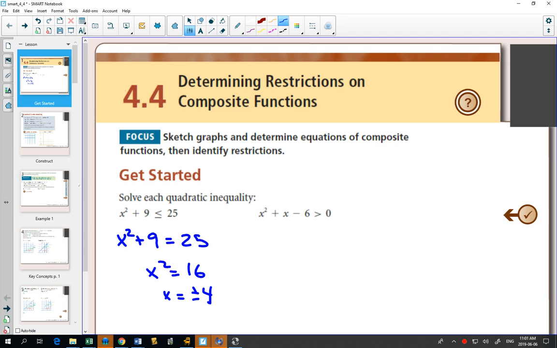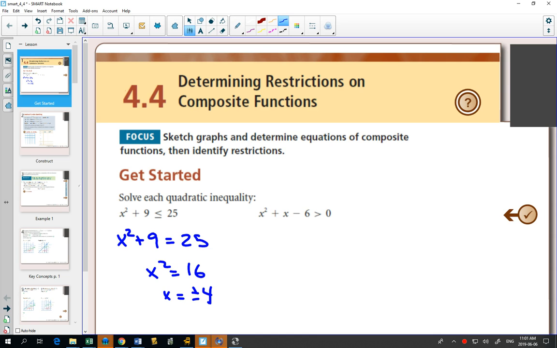So right now, I would like you to plug in a value for x and tell me if it works or doesn't work for being less than or equal to 25. This is one where you had the number line with the trues and falses. If you tried 4, what happens? It equals 25.